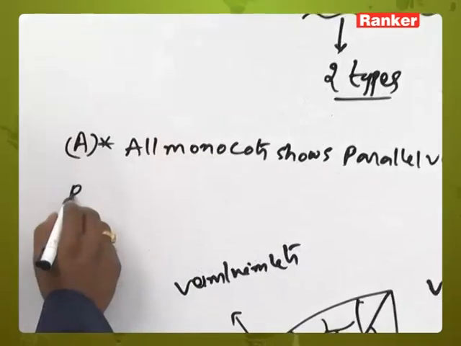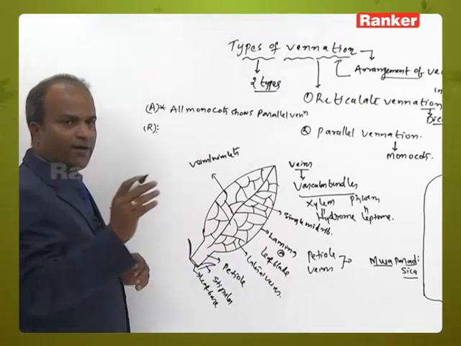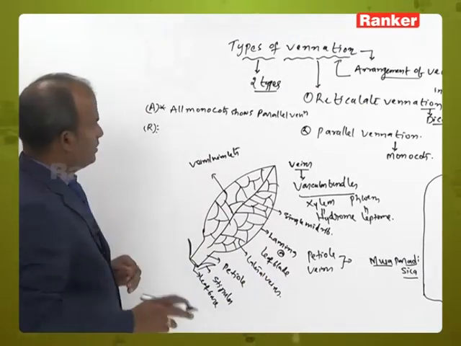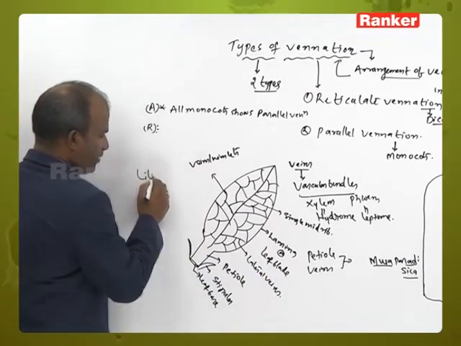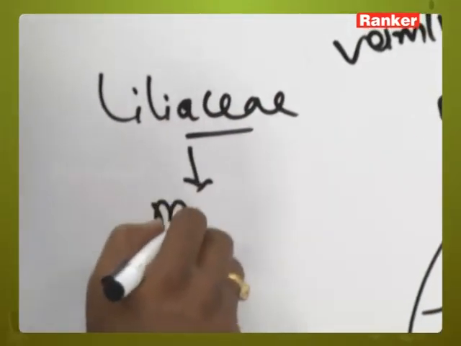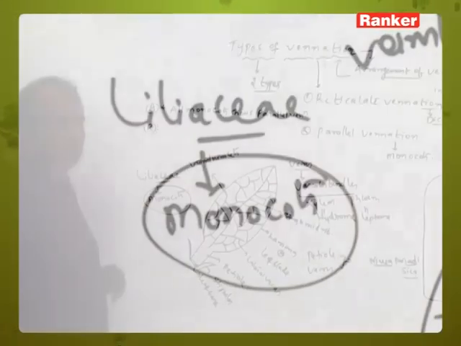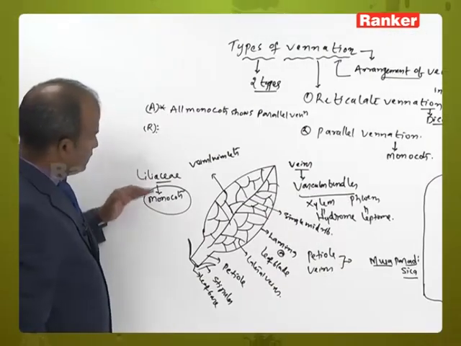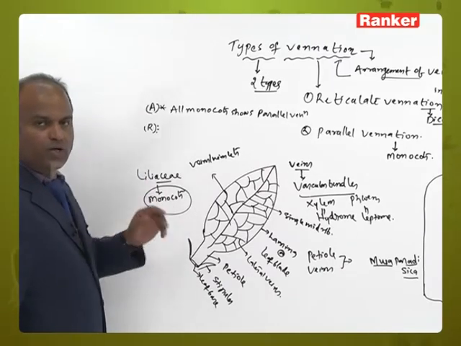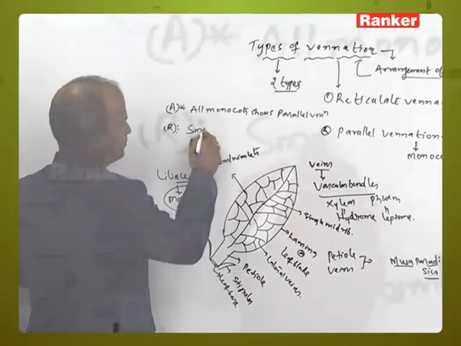When we come towards the reason, what is the reason? A family known as Liliaceae. Which family? Liliaceae family. The Liliaceae family belongs to monocots. In the Liliaceae family belonging to monocots, one plant is Smilax.